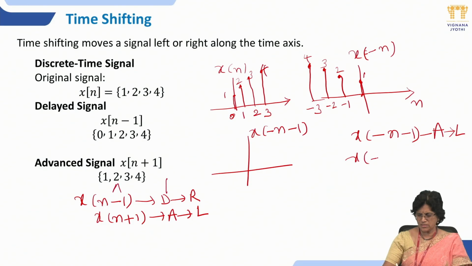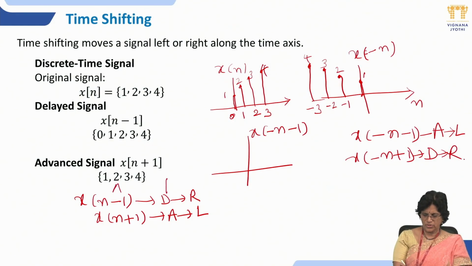So coming to x of minus n plus 1, this is delay. Delay means always shifting towards right. So now according to this concept, we have to shift this mirror signal towards left by 1 unit. Because of that, instead of starting your signal at minus 3, your signal starts from minus 4.